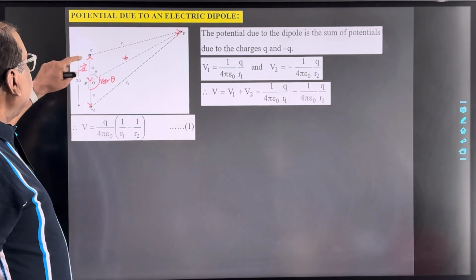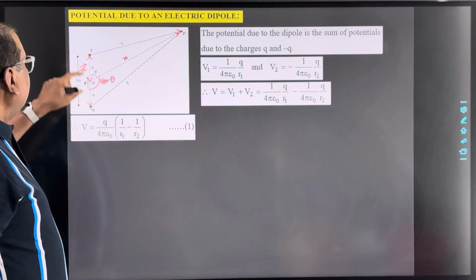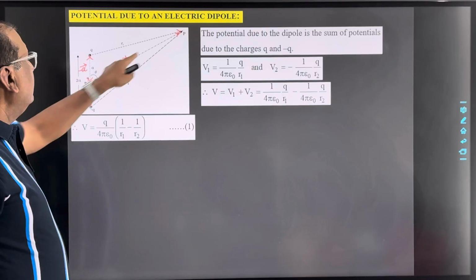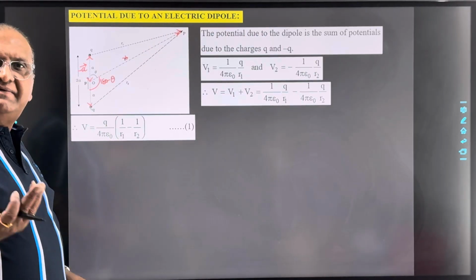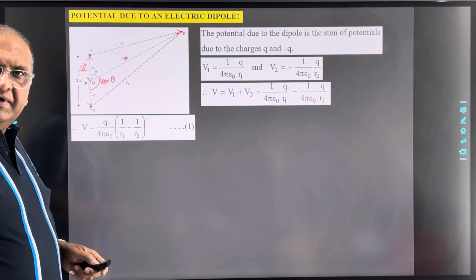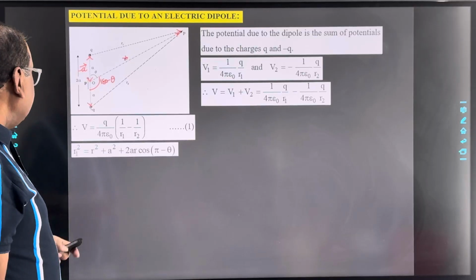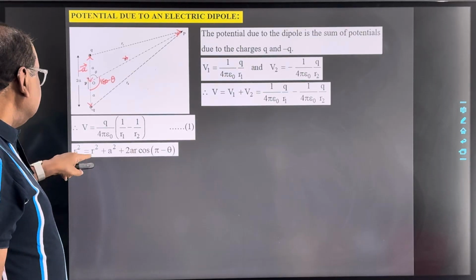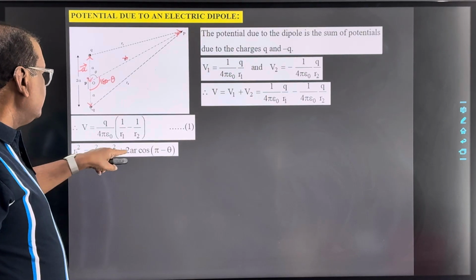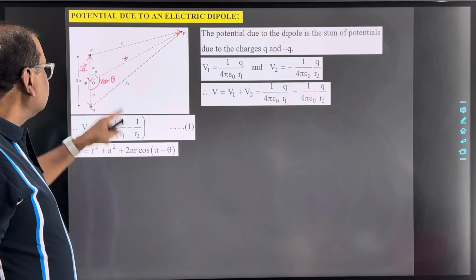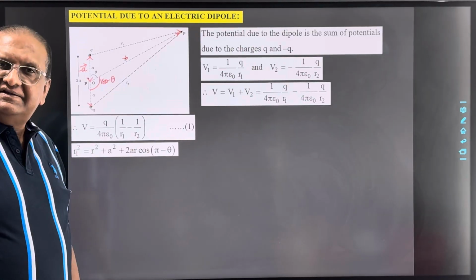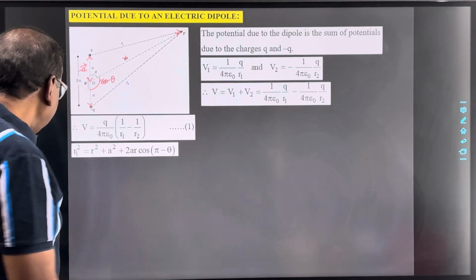Now vector R1 is this plus this, as per the vector summation rule. So magnitude wise, we can write R1 square as R square plus A square plus 2AR cos of pi minus theta. Clear to all of you?